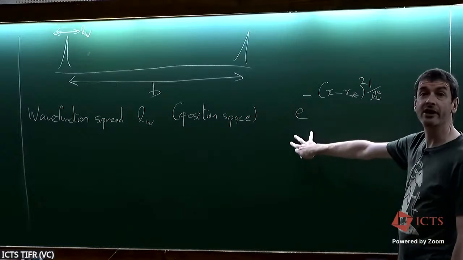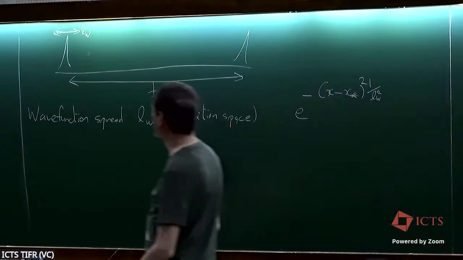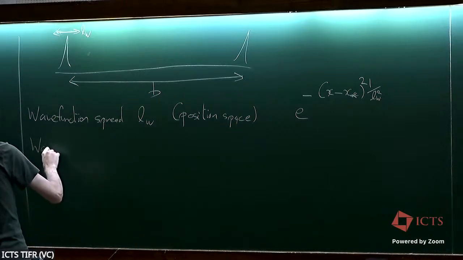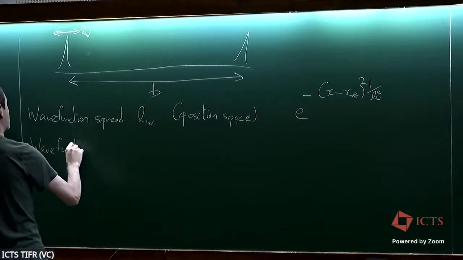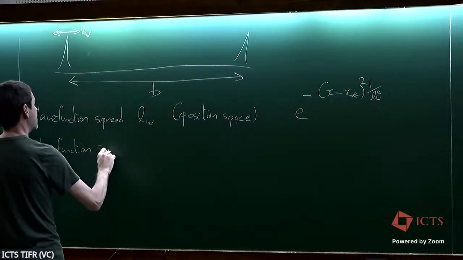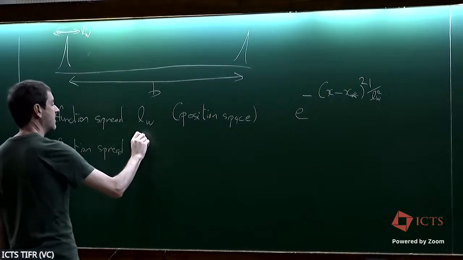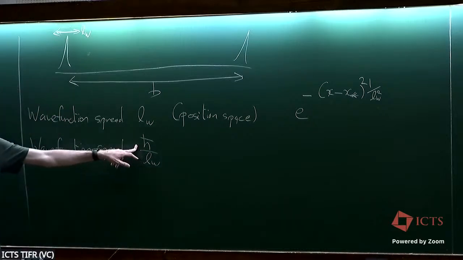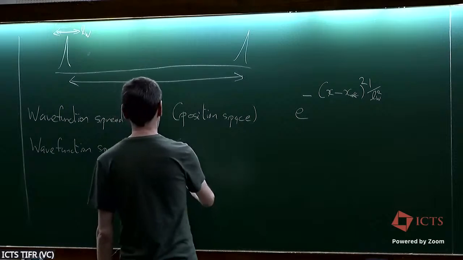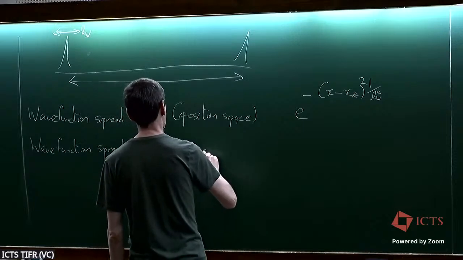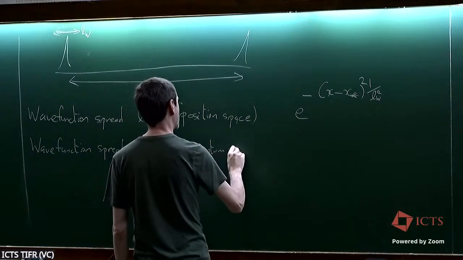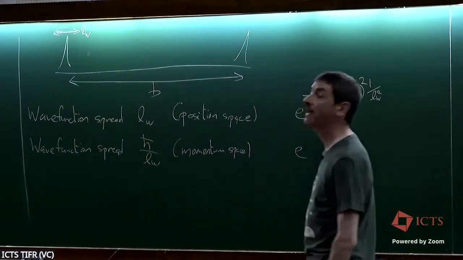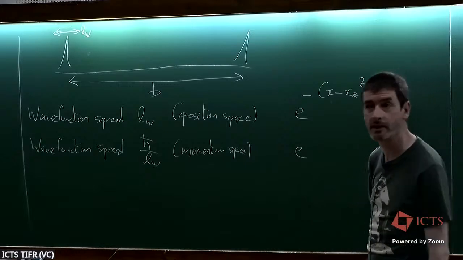Okay, so that's the position space wave packet, but we also care about momenta. So to worry about the wave function spread in momentum space, that looks like h bar over LW. Notice I'm not setting h bar to 1 here. You get the momentum space wave packet by Fourier transforming the position space wave packet.